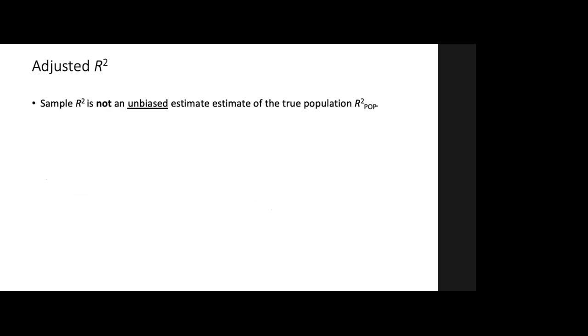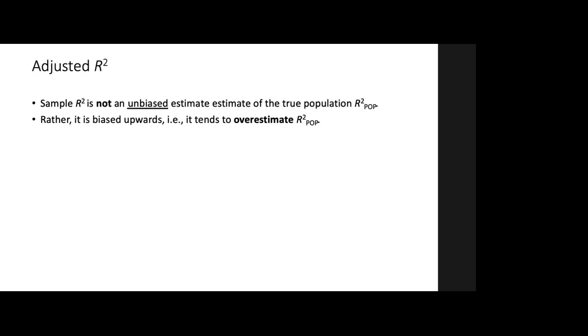Unfortunately, our sample R squared is not an unbiased estimate of the true population R squared. It's biased, and it's biased upwards. That means it tends to overestimate the true population parameter.